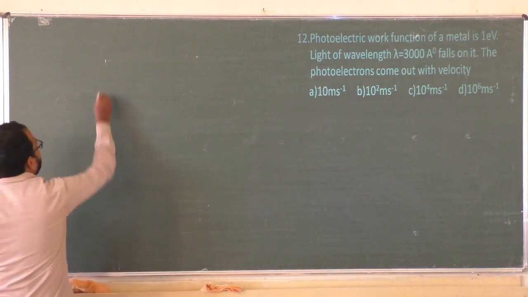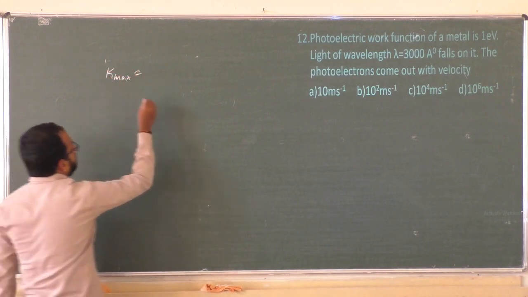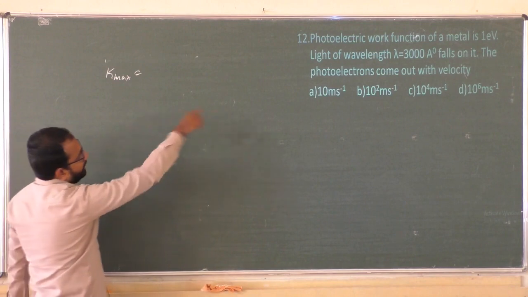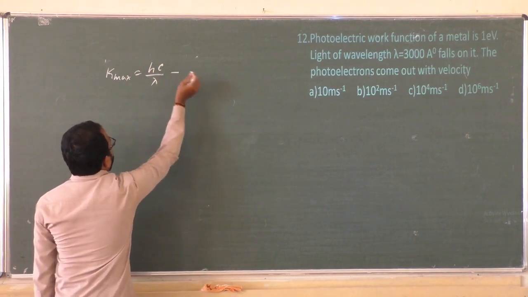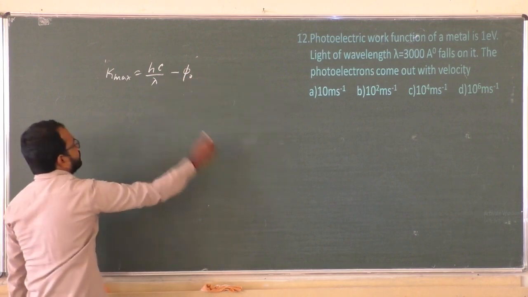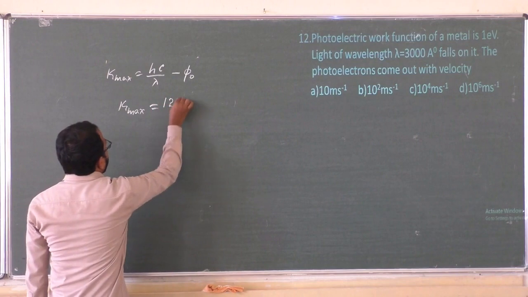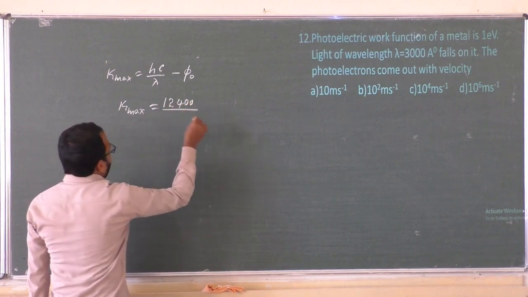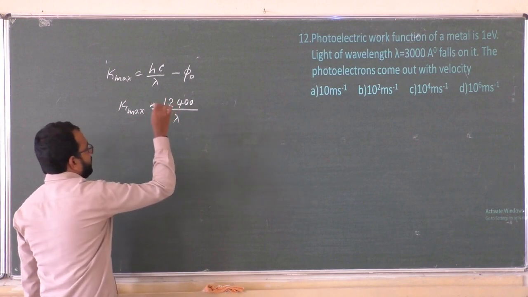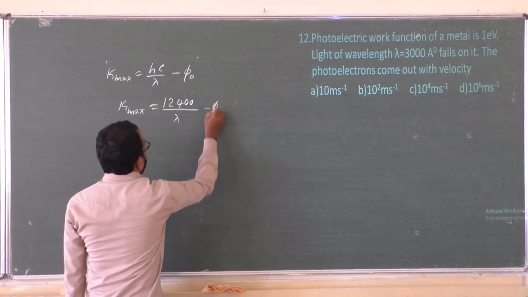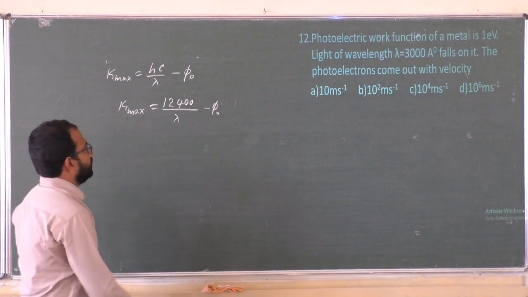So how to calculate? We have the Einstein's photoelectric equation, K maximum is equal to, okay, light of wavelength is given, therefore hc by lambda minus phi naught. K maximum is equal to 12,400 divided by lambda in terms of angstrom, minus phi naught if you express the energies in terms of electron volt.